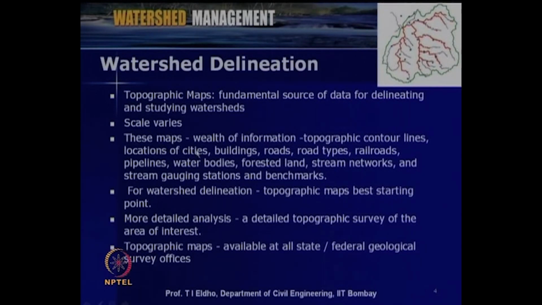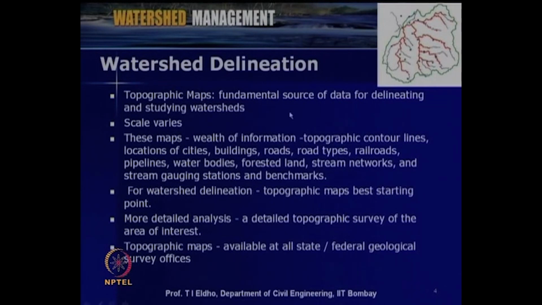These maps, as I mentioned, give a wealth of information as far as hydrologists are concerned. Topographic maps are one of the important maps which give most of the information we are looking for as far as hydrological modeling is concerned.